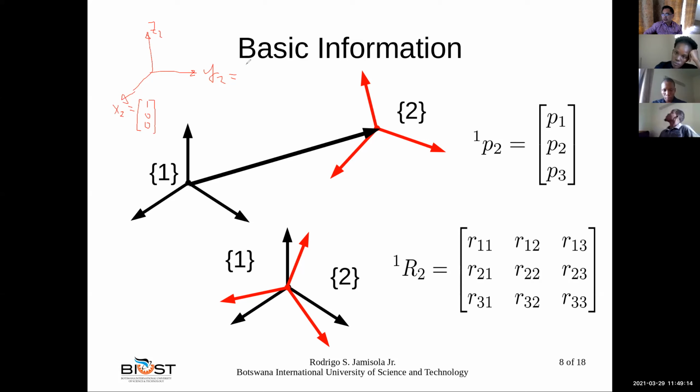And this is 0, 1, 0. And this is 0, 0, 1. So that means the rotation of 2 with respect to itself is equal to 1, 0, 0, then 0, 1, 0, and 0, 0, 1.